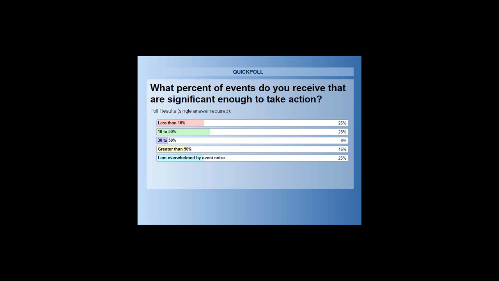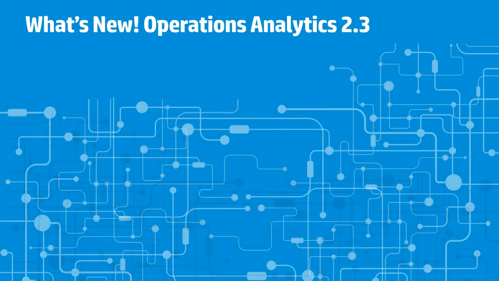Yeah, I think that's actually pretty close to what we are seeing with our customers. With event management, I think there's a lot of great tools out there. We hear from our customers that sometimes they get 2,000 or 3,000 events a day, and over time they've learned to build processes and ways to deal with that. But this is a good segue into what's new.